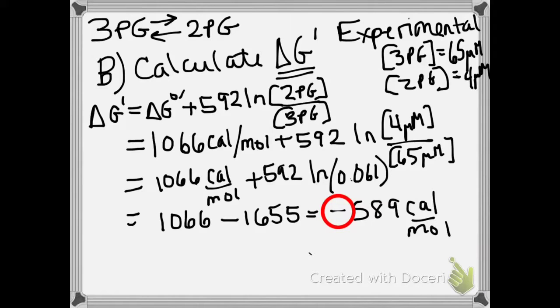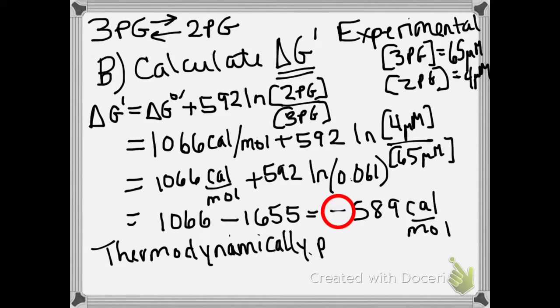Since it's a negative delta G, it is thermodynamically possible under the conditions stated. It is spontaneous under those conditions. So, when a red blood cell has 65 micromolar 3-PG and 4 micromolar 2-PG, the reaction as written will proceed in a forward direction and is thermodynamically spontaneous.